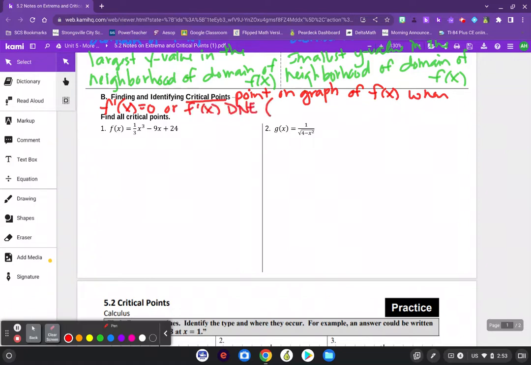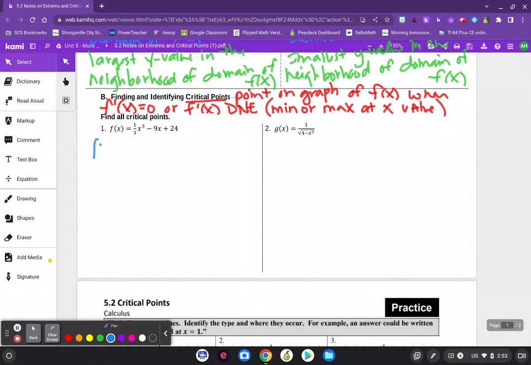And what happens is that you have either a min or a max at that x value of that critical point. Okay? And so, great. What that means is I got to find when the derivative is 0 or when the derivative does not exist. Well, I know how to do that.